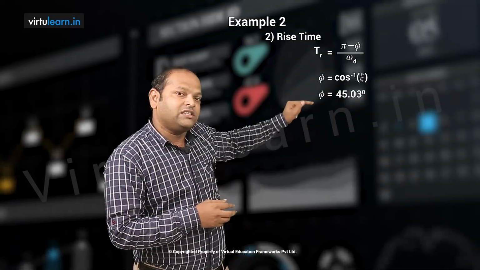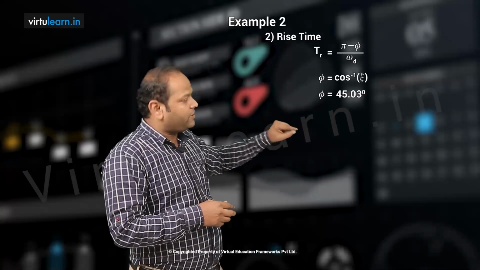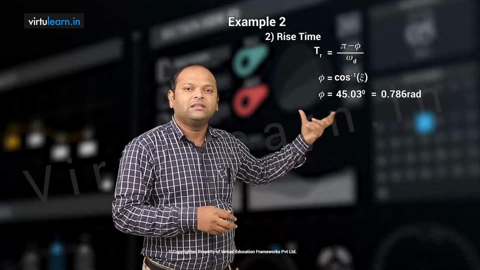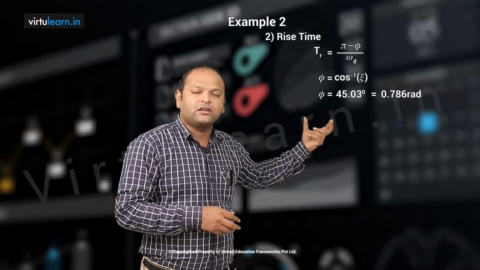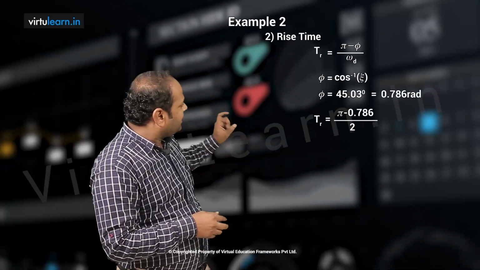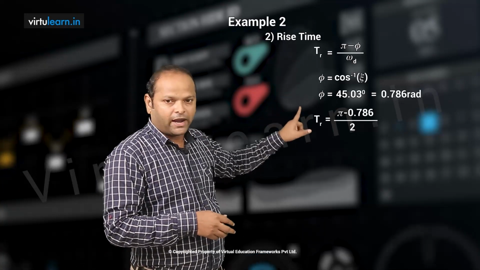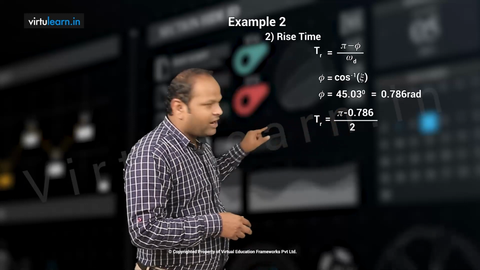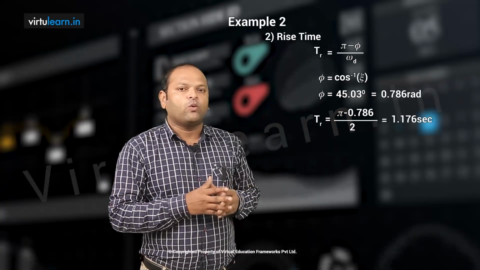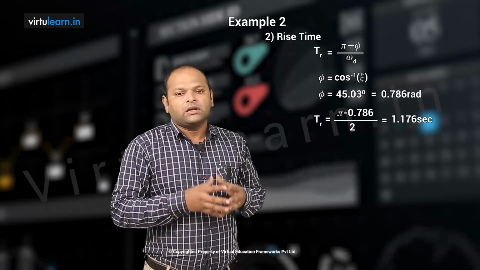But convert the degrees into radians, and that radian value I need to substitute. 45 degrees is around 0.786 radians, that is the phi value. Substituting in the rise time equation, tr is equal to (3.14 minus 0.786) divided by 2. Therefore the rise time value is 1.176 seconds.